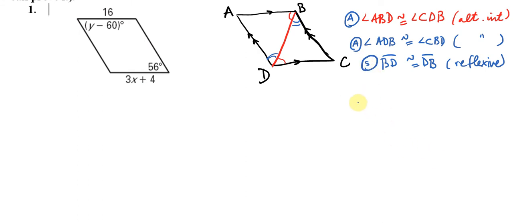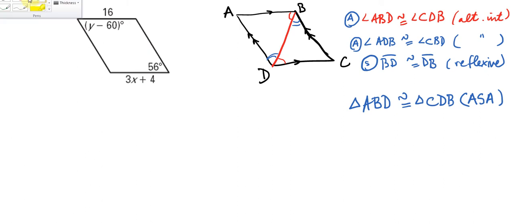So when you read that all together, we can say that triangle ABD is congruent to triangle CDB by angle side angle. So you have two angles that are congruent joined together by a common side.